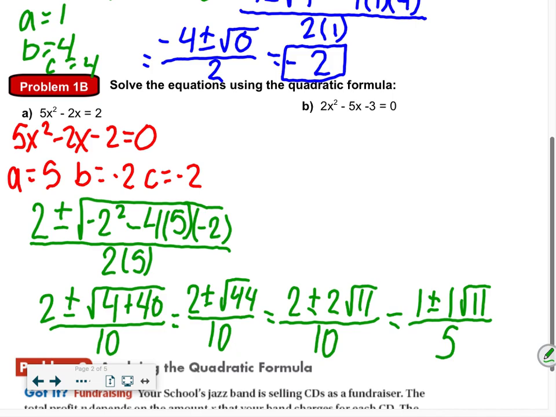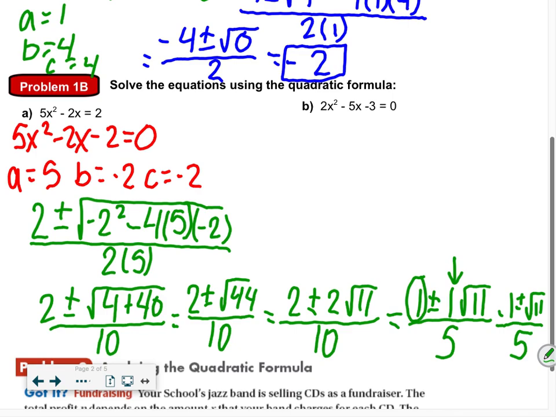You don't need this one, but you do need that one. You don't need the one outside the square root. If you just want to write 1 plus or minus the square root of 11 over 5, that's the same thing.